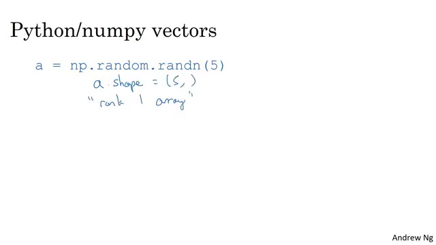It doesn't behave consistently as either a row vector or a column vector, which makes some of its effects non-intuitive. So what I'm going to recommend is that when you're doing your programming exercises, or in fact when you're implementing logistic regression or neural networks, you just do not use these rank 1 arrays. Don't use.